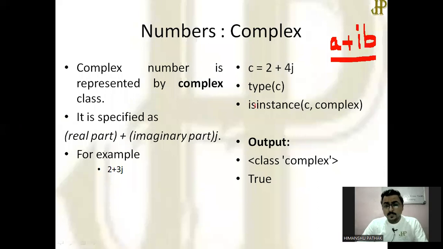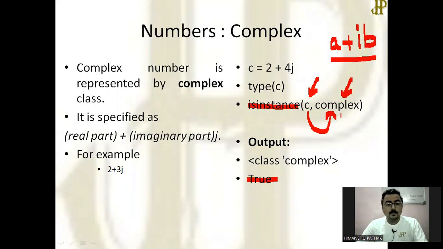Here I have used isinstance. The isinstance function takes two arguments. The first one is the object, and that object is compared with what? If both the arguments match, then the Boolean value true will be printed, and if they are different, then the Boolean value false will be printed.